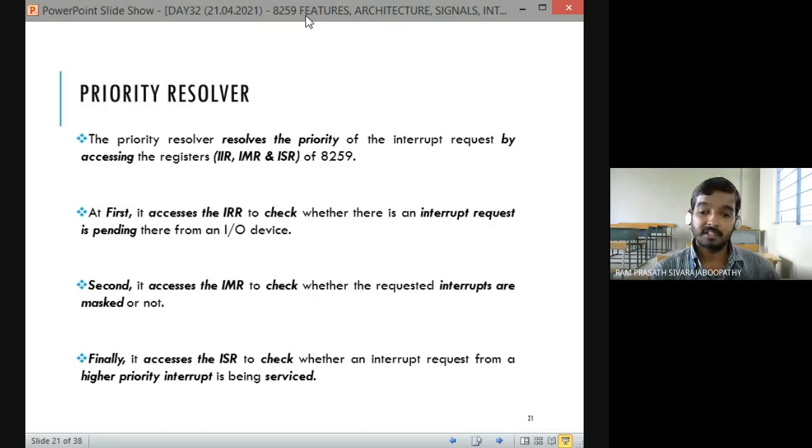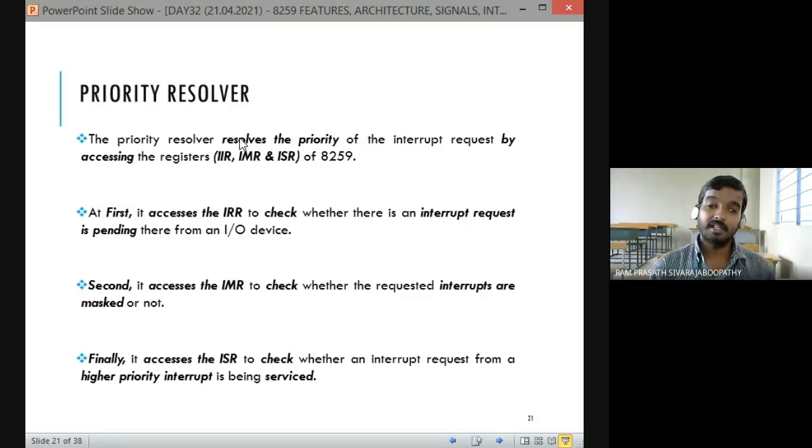Next, among the interrupts that have come, it has to check which are masked. Then it has to understand whether any higher priority interrupt is being serviced. After it knows all three pieces of information, it decides which interrupt can be allowed to be serviced. That is the work done by the priority resolver. So the main block here is the priority resolver. Is it clear?